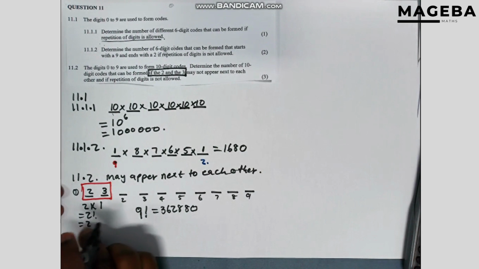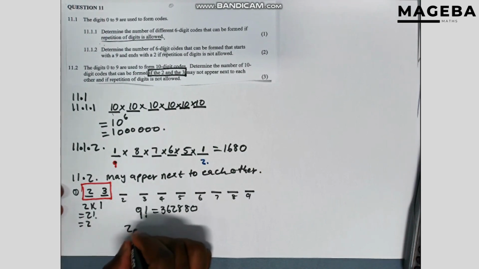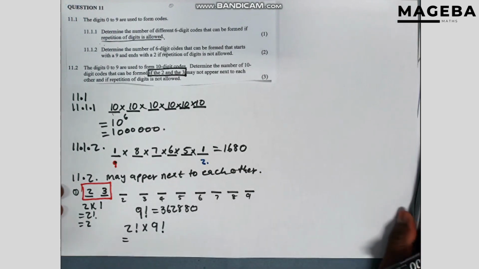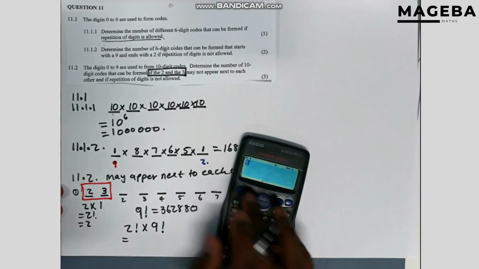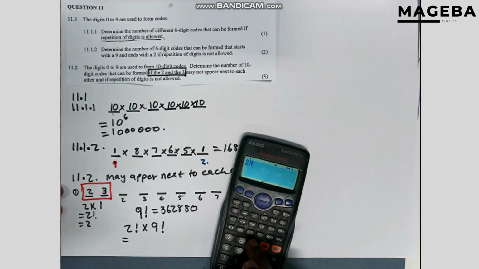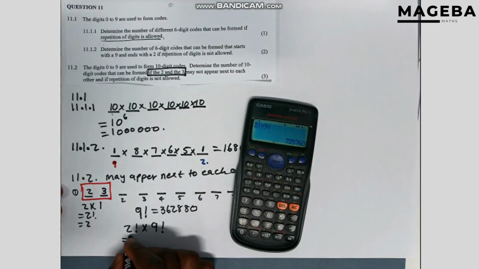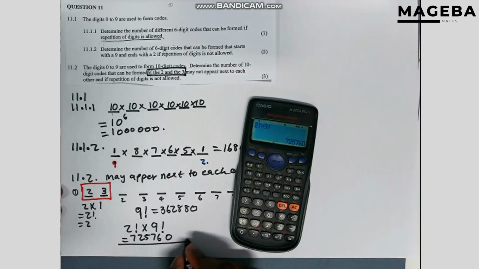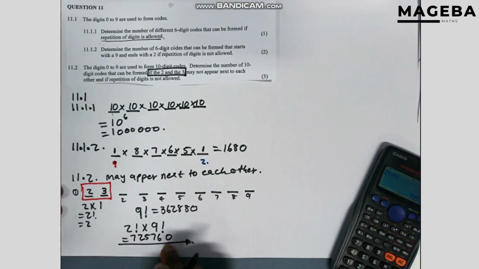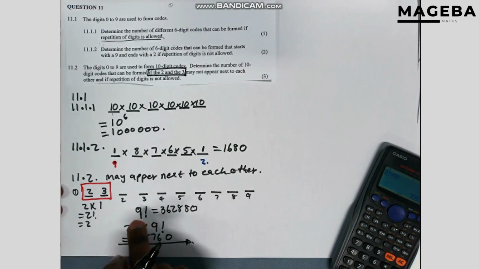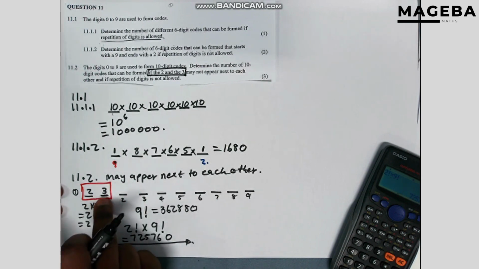So if we multiply the 2, which is 2 factorial, times 9 factorial, what do we get? We get 725,760. Now remember, this is the number of codes where 2 and 3 appear next to each other.